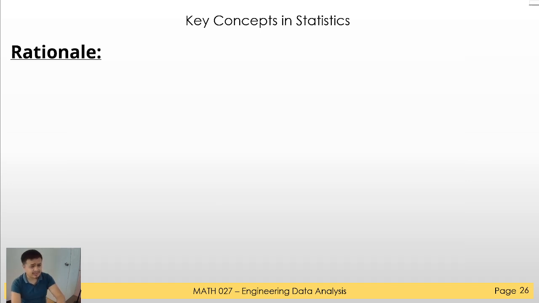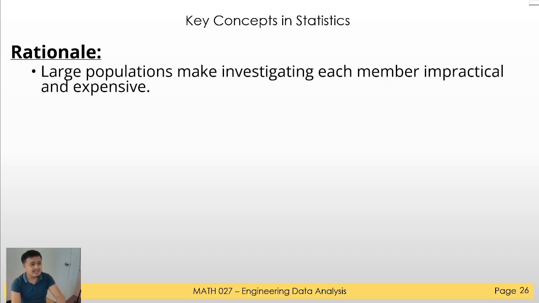Okay. So what is the rationale, or why do we have to conduct the sampling in general, and why do we have to do statistics? In general, we do this sampling and this statistical analysis because sometimes scenarios will be infeasible. It will take a lot of time, and it will also be expensive.